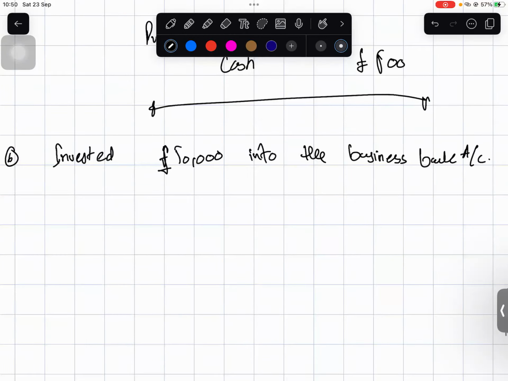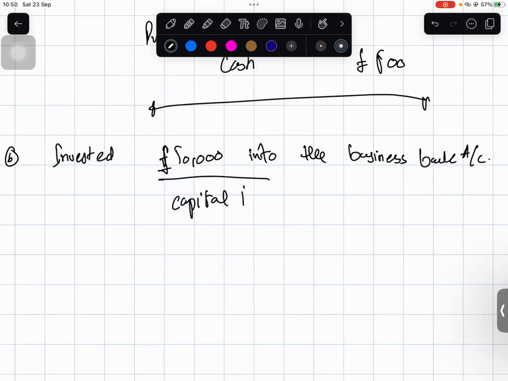How would we record this, Emily? Any thoughts? It'll be capital and bank. So I think capital increases, so it'll be credited, and bank will be debited with 50,000.